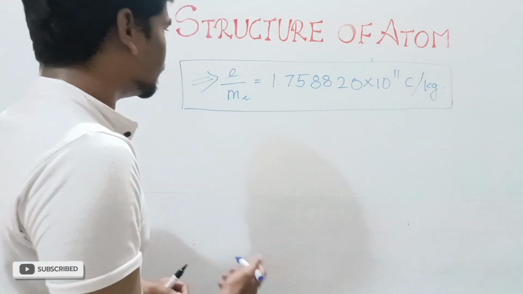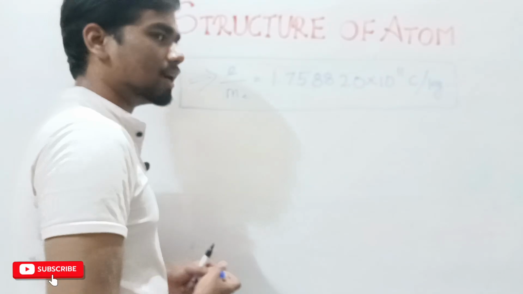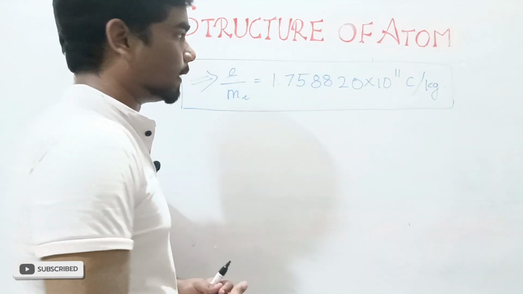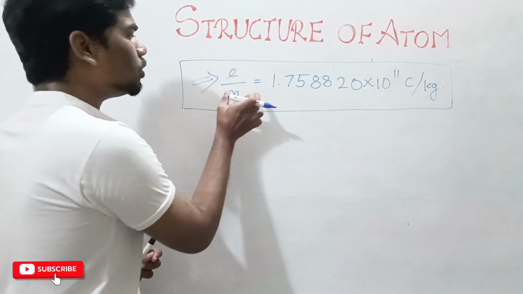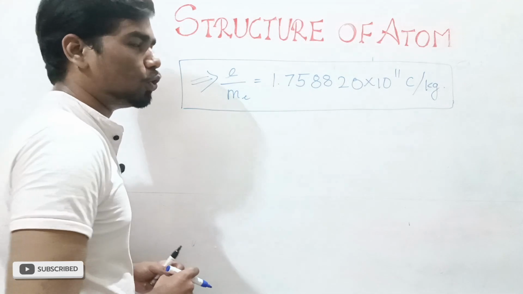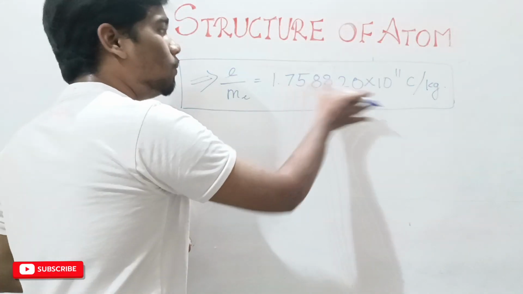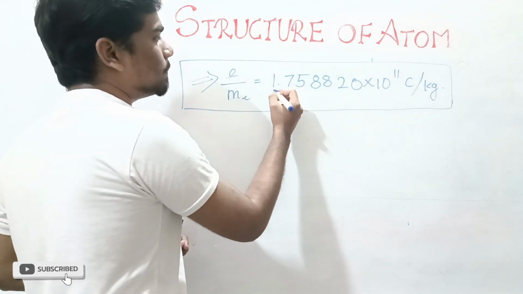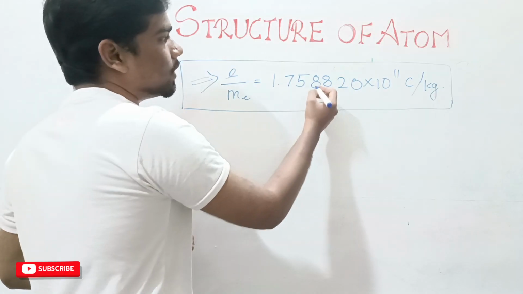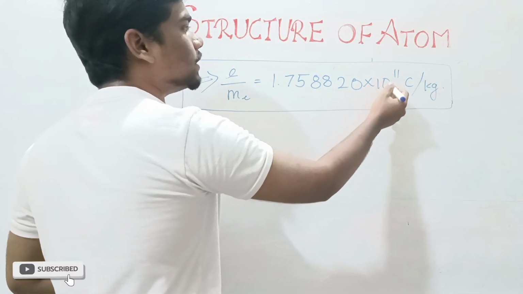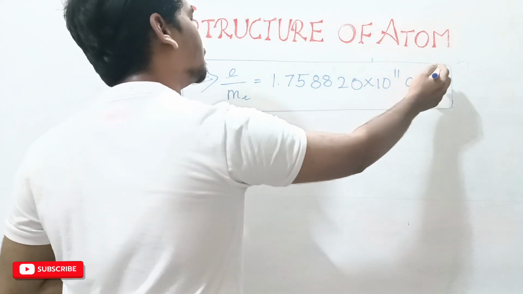Still, the charge to mass ratio of the electron always remains the same, that is 1.758820 into 10 power 11 coulomb per kg.